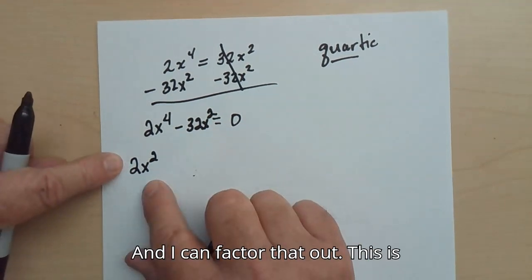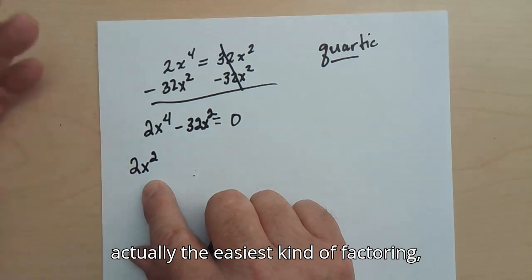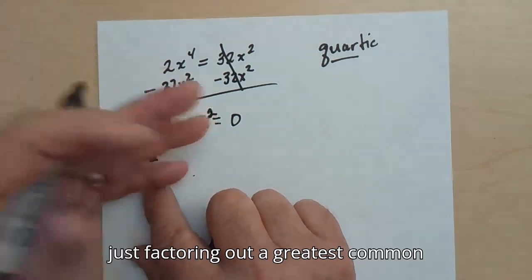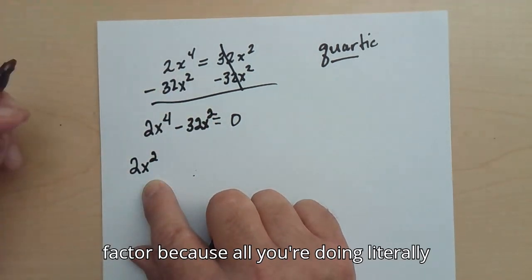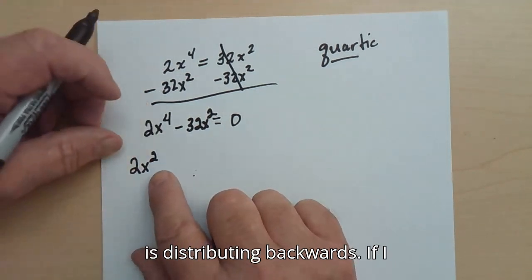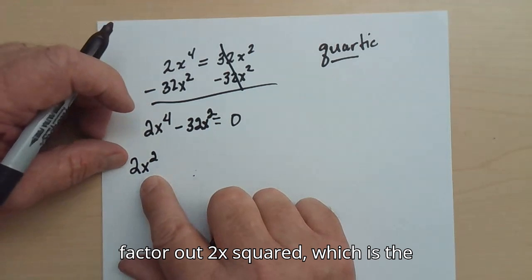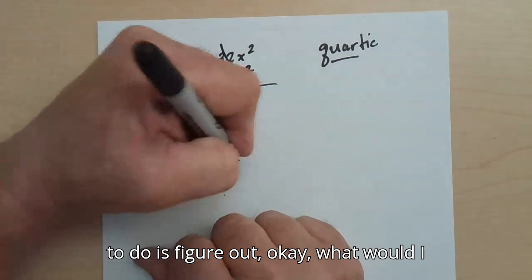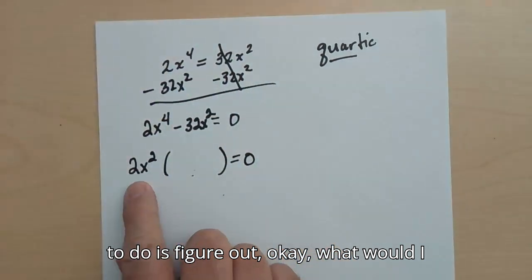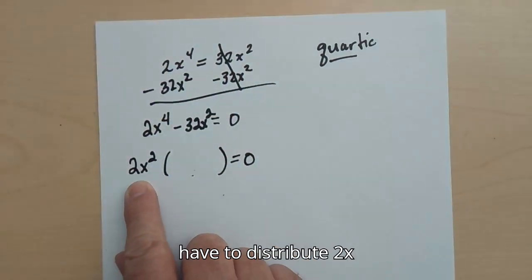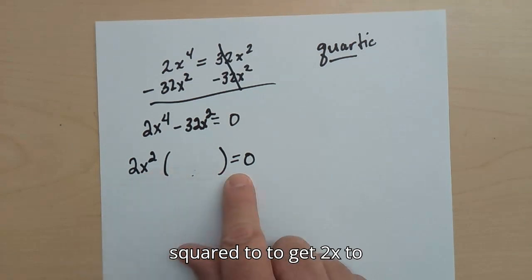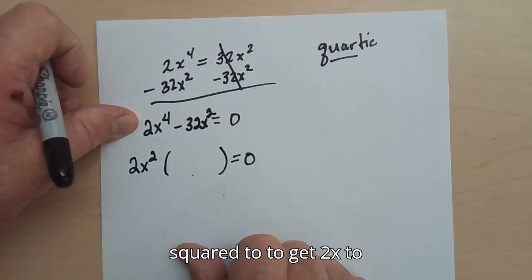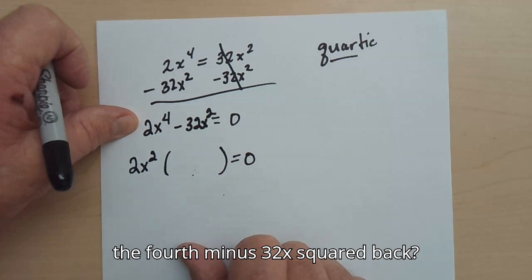And I can factor that out. This is actually the easiest kind of factoring, just factoring out a greatest common factor, because all you're doing literally is distributing backwards. If I factor out 2x squared, which is the greatest common factor, then all I have to do is figure out, okay, what would I have to distribute 2x squared to get 2x to the fourth minus 32x squared back.